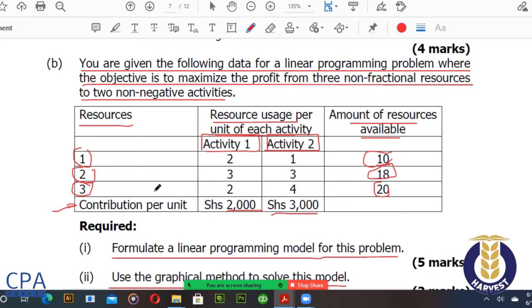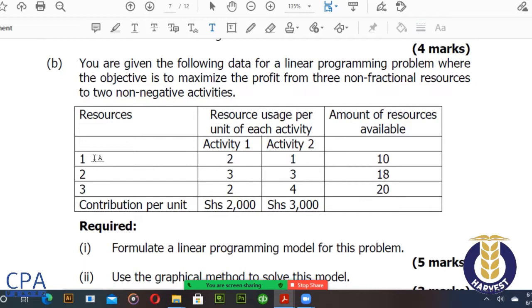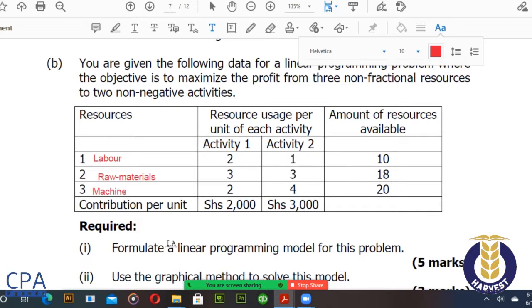Okay, so you may find that one of these resources is maybe labor. You may find that these other resources may be the raw materials. You may find that this one is machine hours.